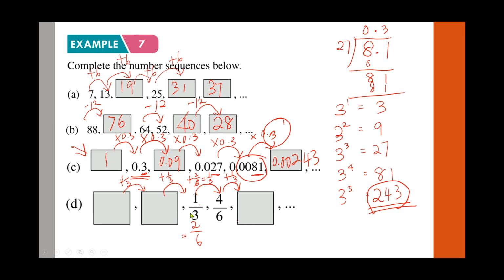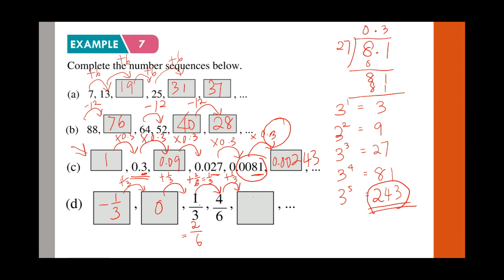Because we are going to go backward, right? 1 over 3 minus 1 over 3, the answer is 0. After that, to go backward one more time, 0 minus 1 over 3 equal to? Negative 1 over 3. So it's easier now. And then here is 4 over 6, so you can change it to 2 over 3 to make it easier. 2 over 3 plus 1 over 3 equal to how much?